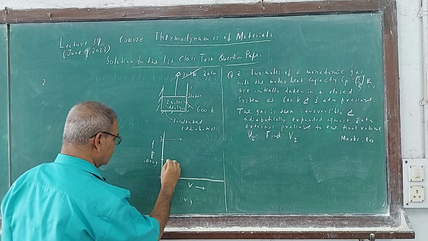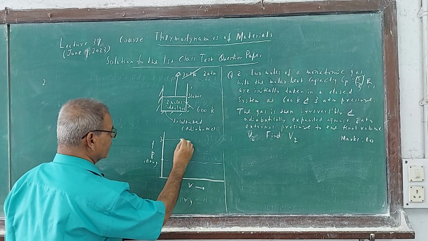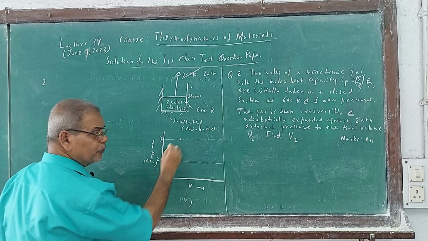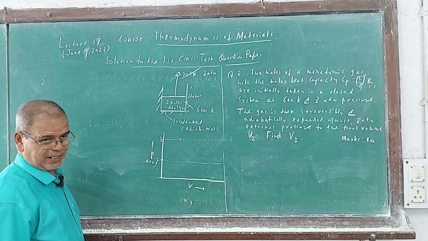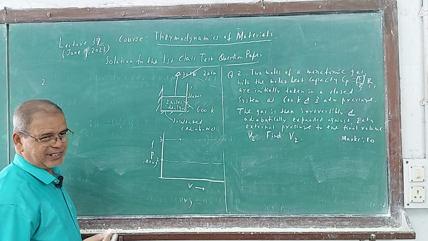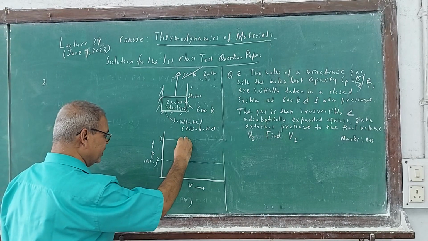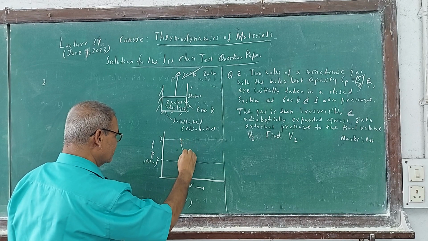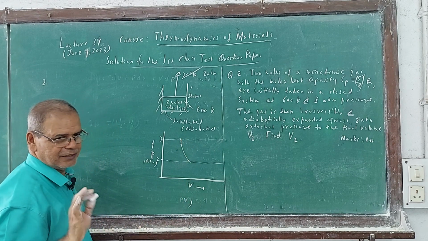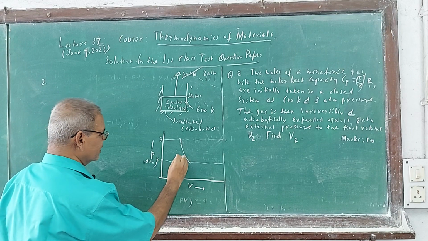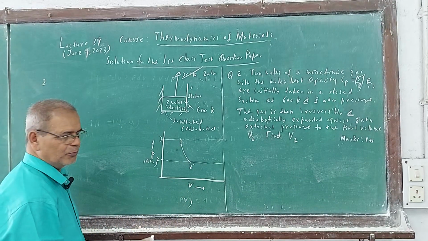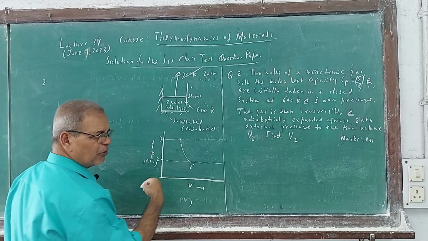Suppose I draw this 3 atmosphere line and this 2 atmosphere line. For contrast, reversible is not the concern here, but this is reversible adiabatic. I call the endpoint 2 prime, not 2. This is reversible adiabatic for comparison.